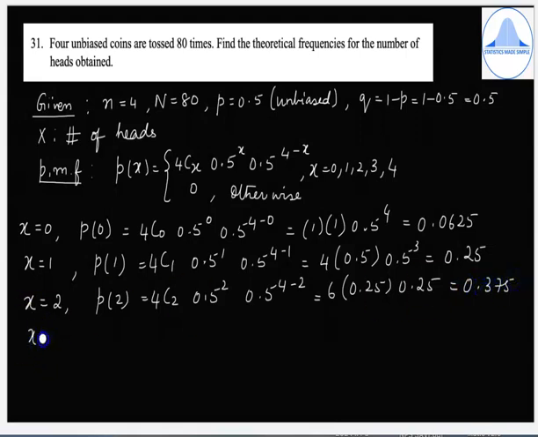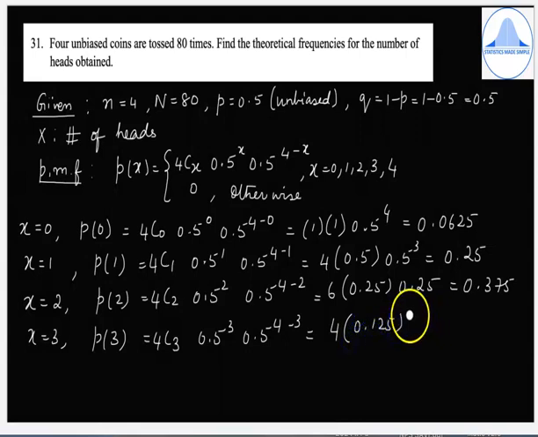Similarly, when x is equal to 3, P of 3 is equal to 4C3, 0.5 to the power 3, 0.5 to the power 4 minus 3. So 4C3 is 4 into 0.125, and then here 0.5 to the power 1 is 0.5, and on computation you get 0.25.